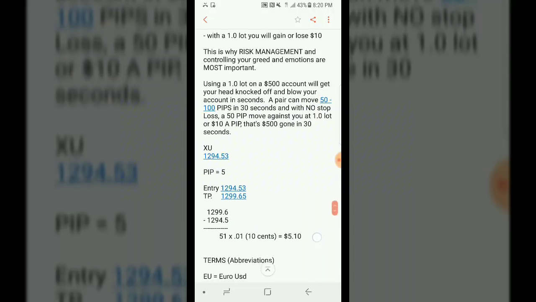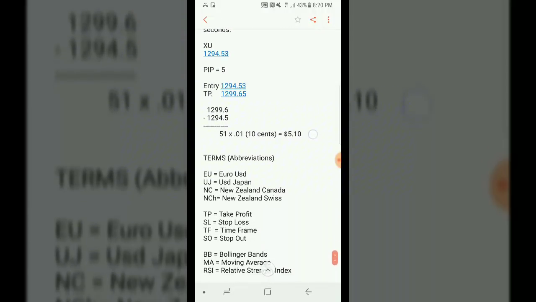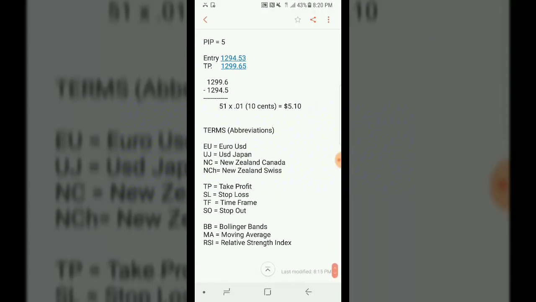Now, terms and abbreviations. I have a list here just to get you moving in the right direction. EU stands for Euro versus US dollar. UJ would be US dollar versus Japan. NC, New Zealand versus Canada. NCH would be New Zealand versus the Swiss franc.